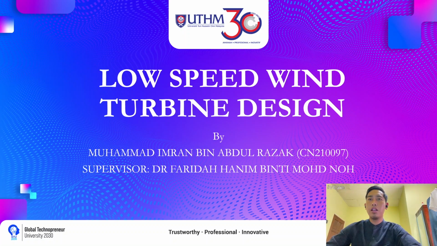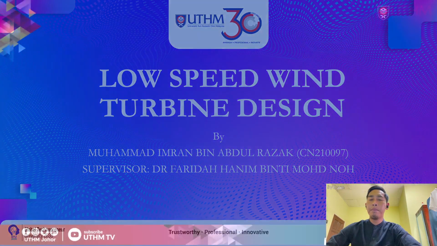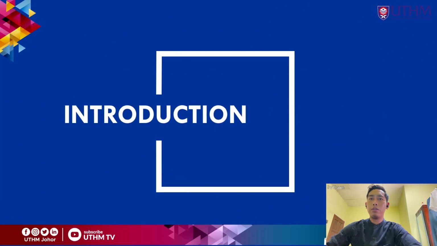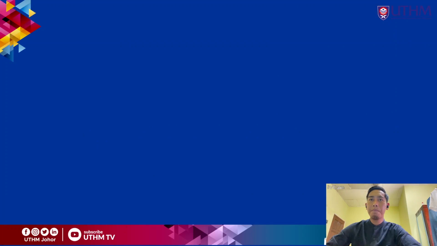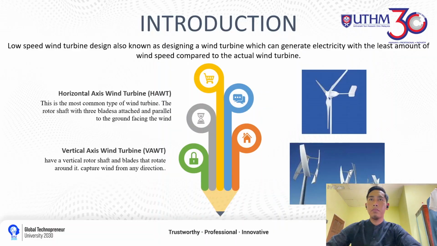I chose a low speed wind turbine design for my PSM1. First of all, for the introduction of this topic, low speed wind turbine design means a design in which the turbine can generate electricity with the least amount of wind speed compared to the actual wind turbine.